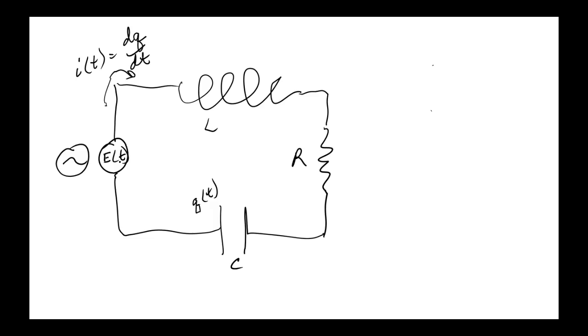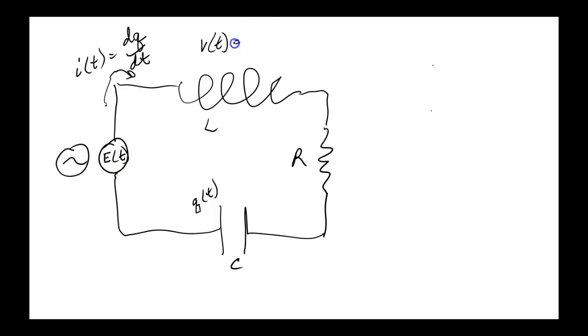Here are the other relationships, and these are talking about the voltages. The voltage, I'm going to give it the symbol V of t here. This is similar to E of t, same thing, but that's for your supply. This is for your use.